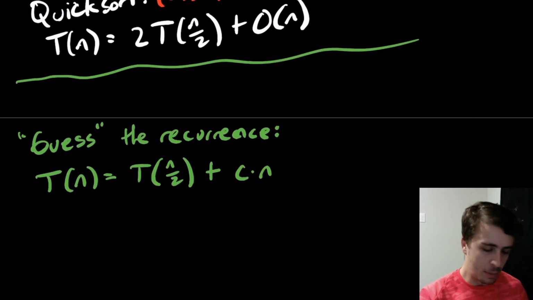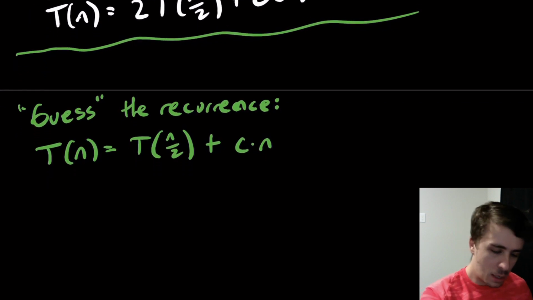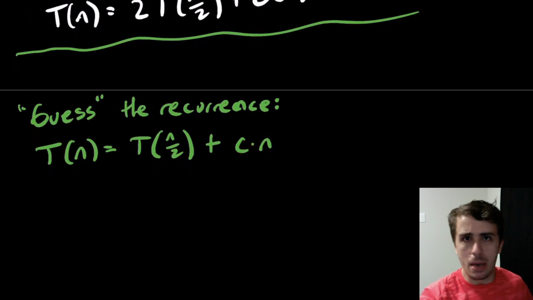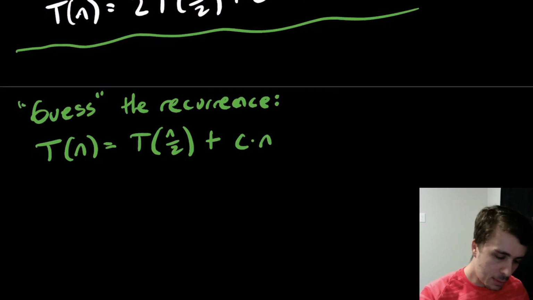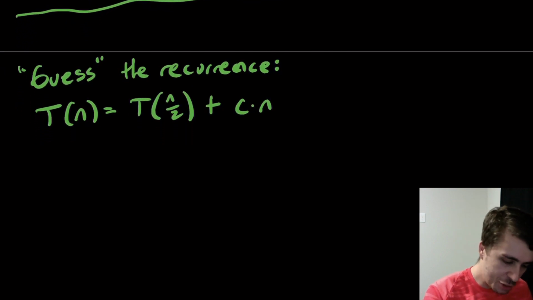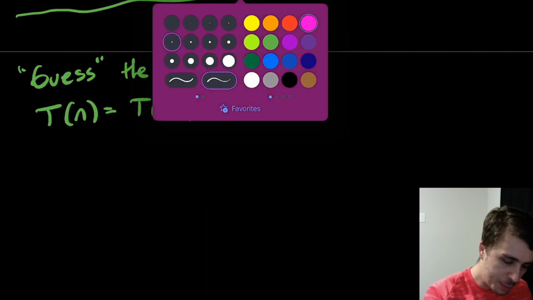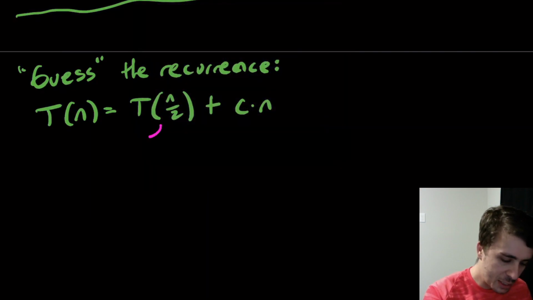That's just the terminology that's used sometimes. So it's just some number. I don't know what it is. And in fact, it won't matter at the end. Okay, so we see this right here. And by expanding the recurrence, what I mean is I'm going to expand this guy out a bit.